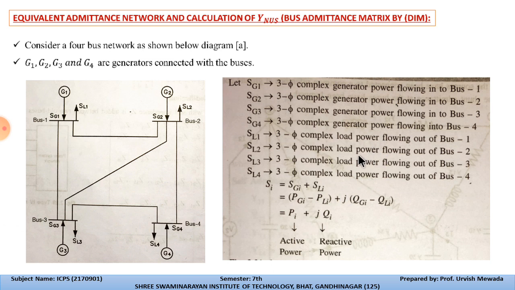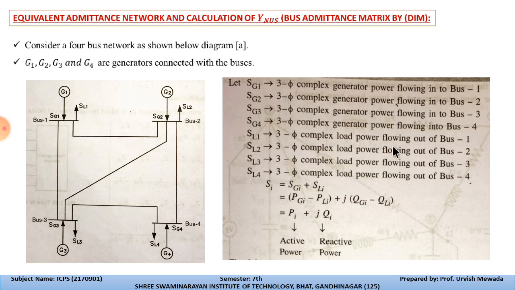Now we have the equation for SI, the complex power of the ith bus, which is SGI plus SLI. We have the generating buses, and the lines which are going out from the buses, so that's why SGI plus SLI.